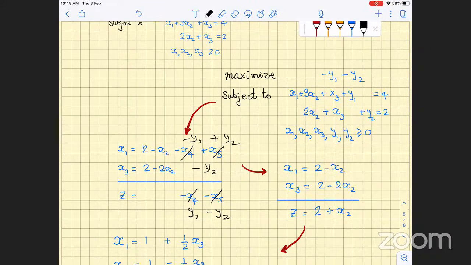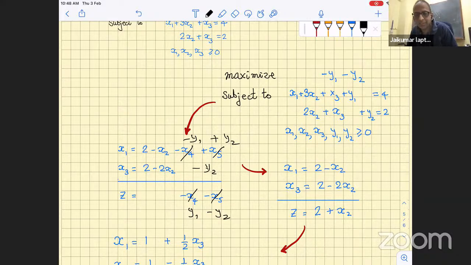Anyway, the point is that in the first tableau that you get, y1 and y2 should have been the dependent variables, and the others should have been independent variables. So I seem to have missed one tableau completely. If you start with this and start with your original basic feasible solution, I have not shown all the steps. There are many steps here. At the end, you will terminate here.